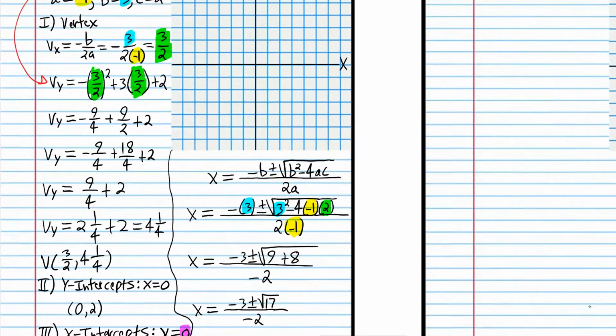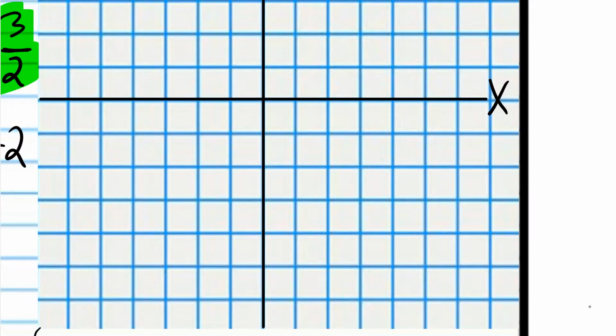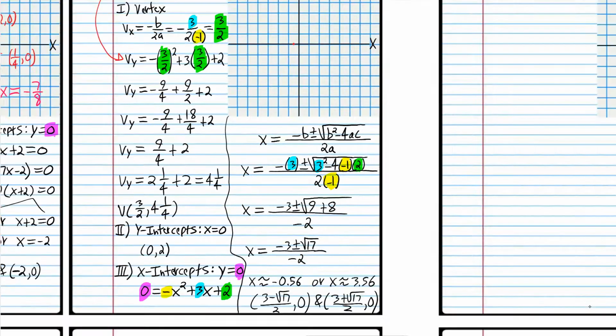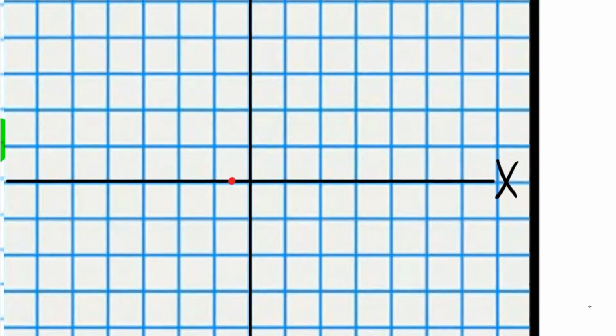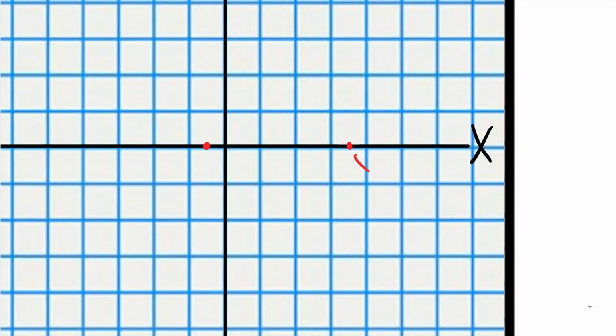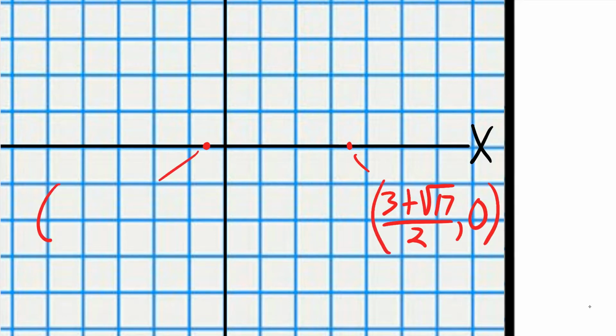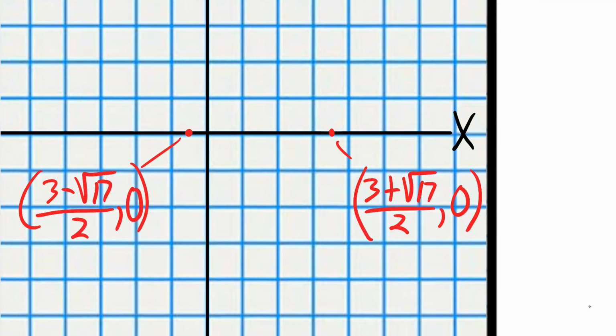So negative 0.56, that's going to be around here, and 3.56, that's going to be about here. So this number is 3 plus root 17 over 2, and the coordinates here are 3 minus root 17 over 2, 0.